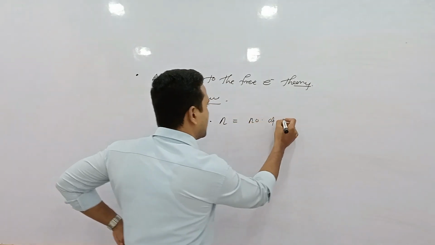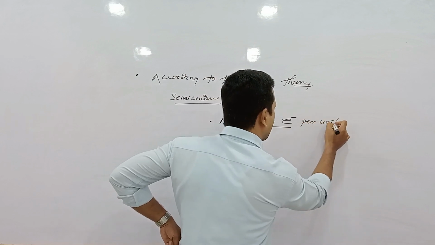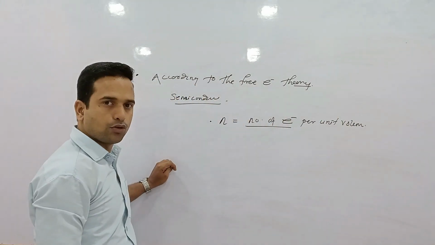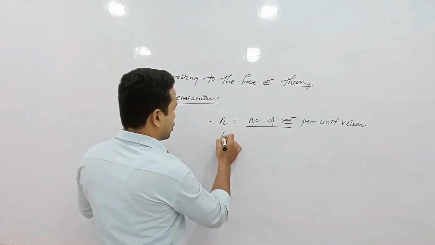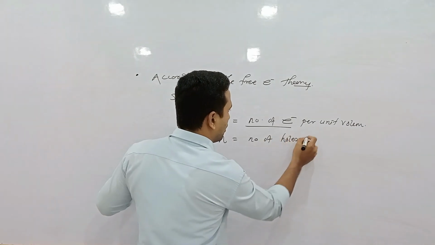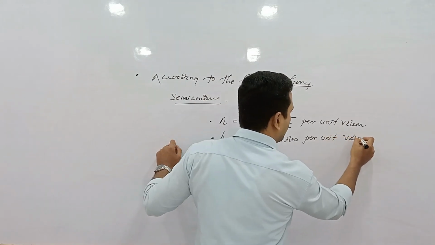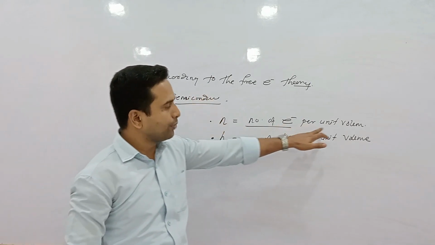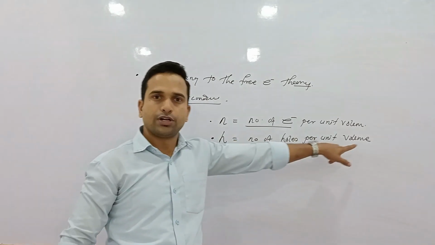Number of electrons per unit volume, also called electron density, right? h is the number of holes per unit volume, right? Okay. n is the number of electrons per unit volume. h is the number of holes per unit volume.